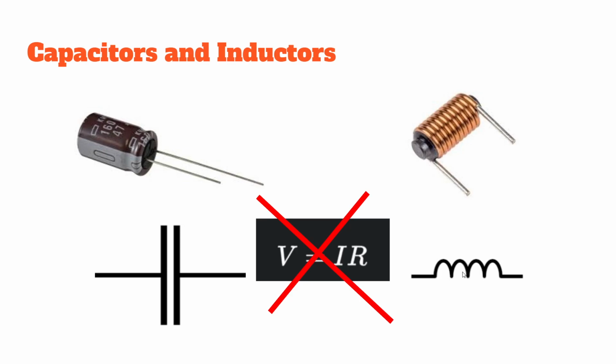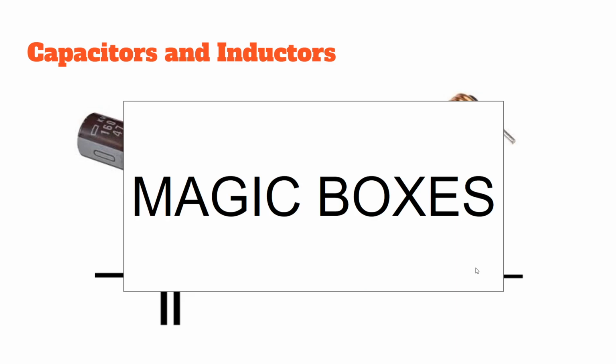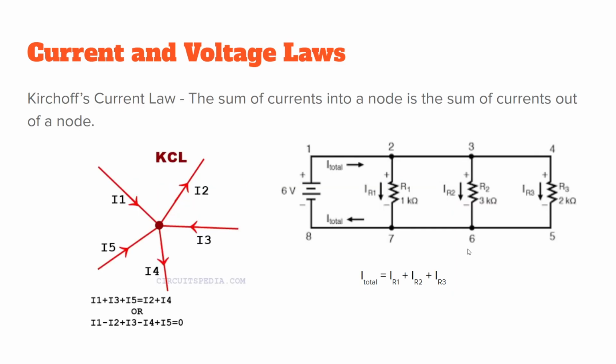And then the inductor is a wire that's wrapped around some type of metal, and this does something that we don't have to worry about. So its symbol kind of looks like if you wrapped a wire around an imaginary bar right here. Magic boxes.